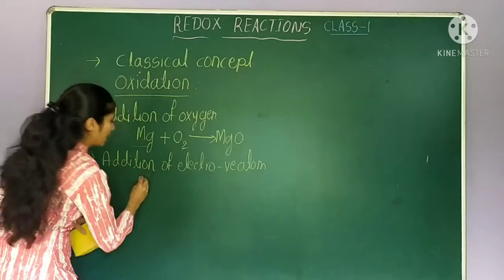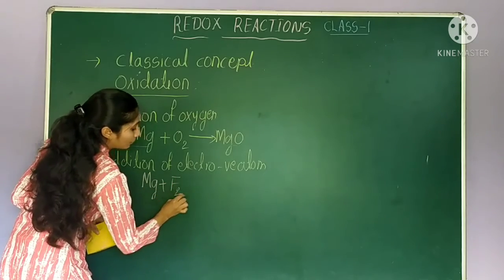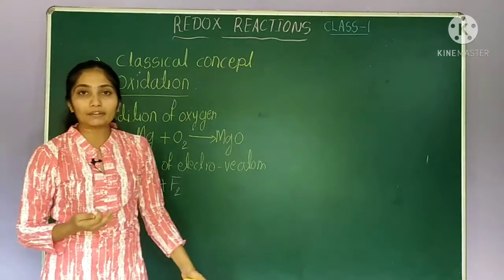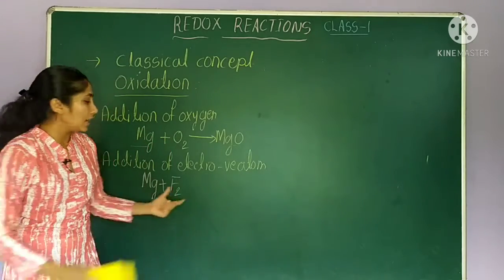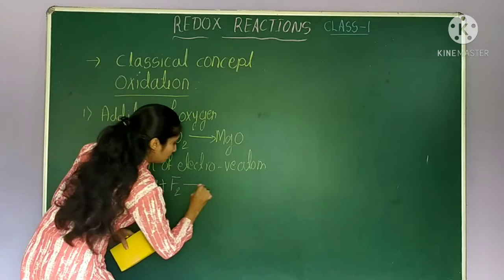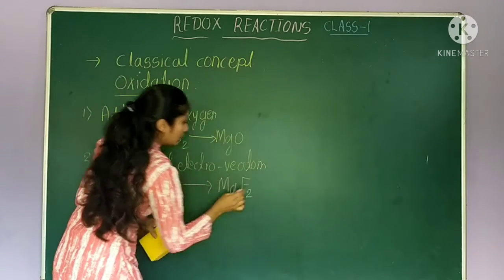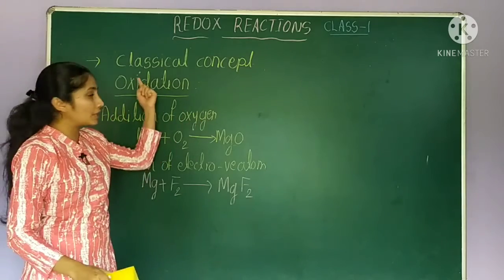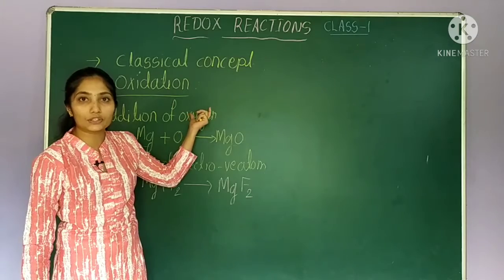Let me take the same example, magnesium, reacting with fluorine, F2. Fluorine is the most electronegative element in the whole periodic table, and if it reacts with magnesium, you will get MgF2. So addition of oxygen is oxidation, or addition of an electronegative atom is also oxidation.